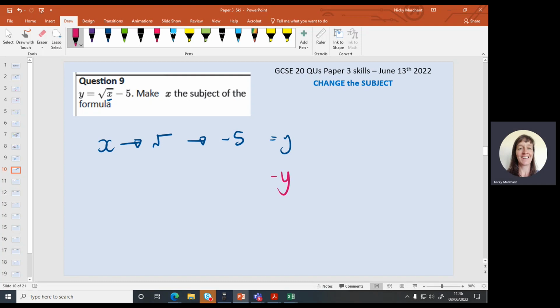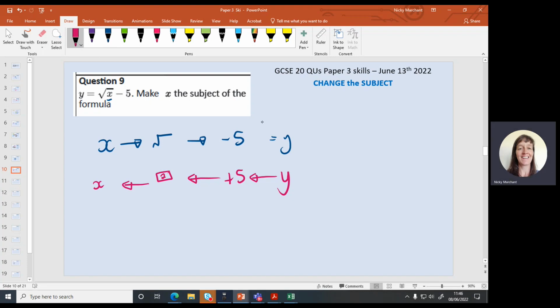So Y goes in, we're going to do the opposite. We're going to add 5. So we use our inverses in reverse order. You go through, we're going to do the opposite of square rooting, which is actually to square it. Okay, little square button. Out will come your X, so this will equal X.